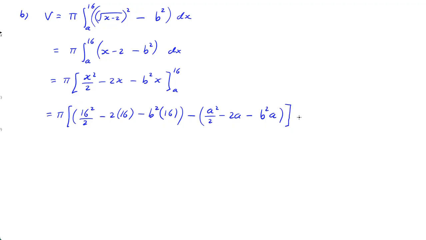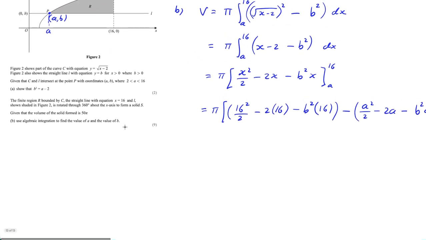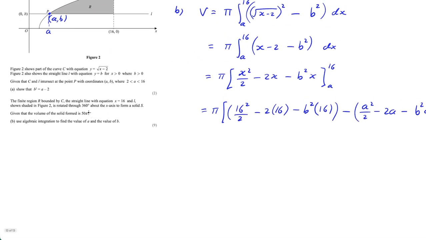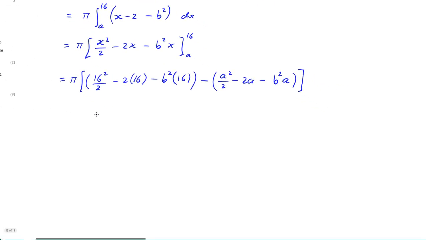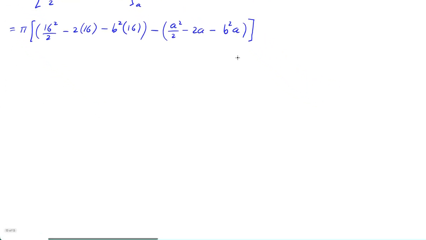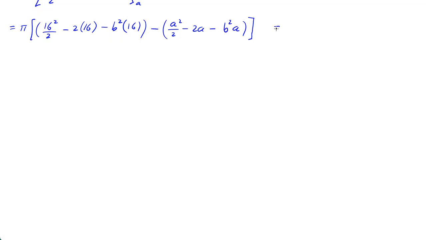Now he says this equals 50 pi. So let's equate this to 50 pi. Now immediately I can just cancel the pi's, which is good. Okay, then 16 squared over 2.